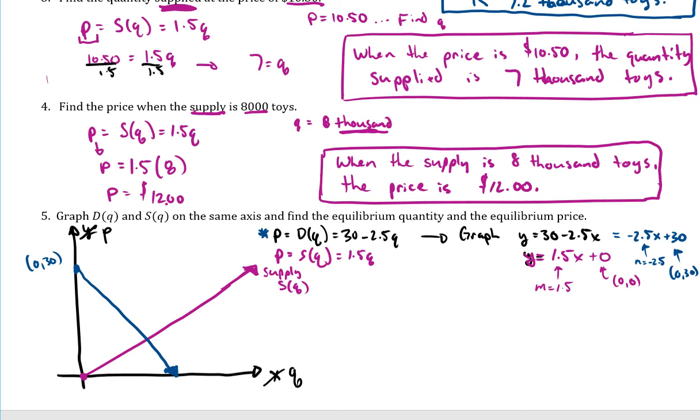Okay, so with that, we do have it, and let me label it. So this blue was the demand, and we have D of Q. Well, the equilibrium price is where the two intersect.